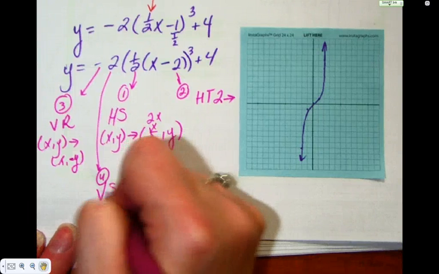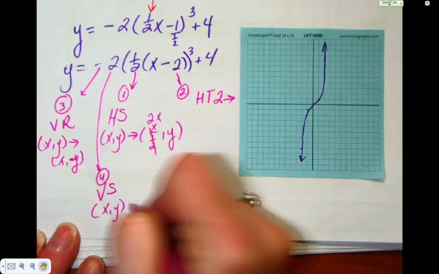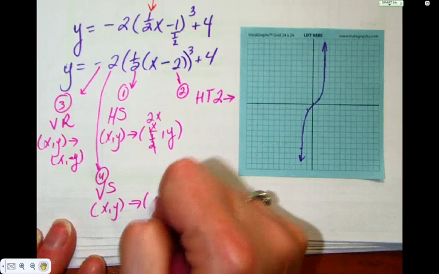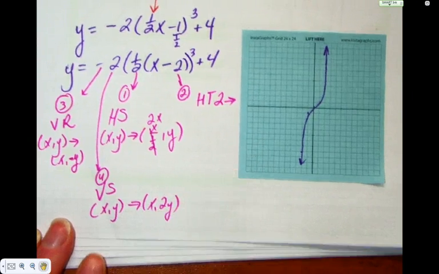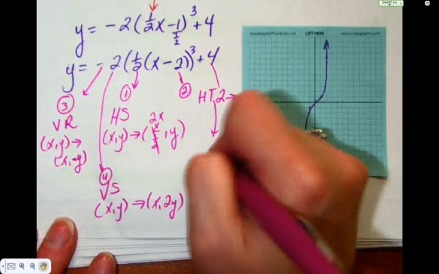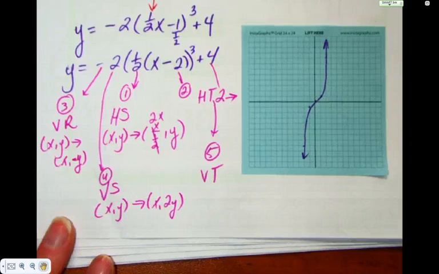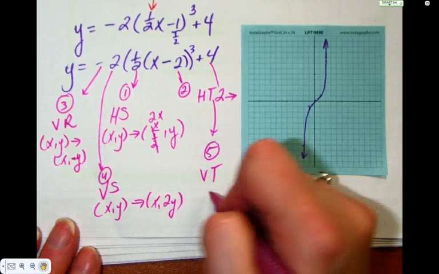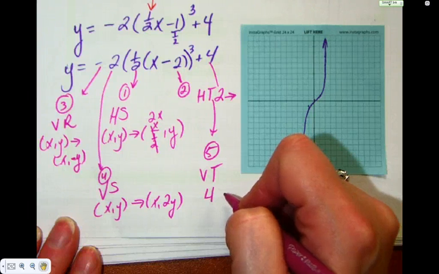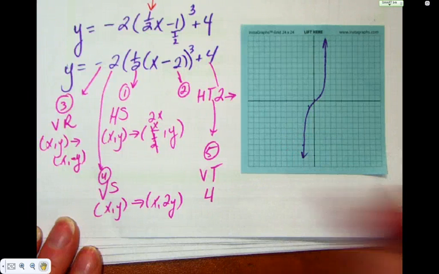It's a whole number, so it's a stretch. (x, y) goes to (x, 2y). And the very last, the only thing that's left is the VT: four units up.